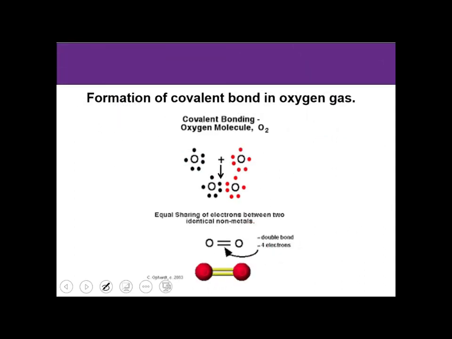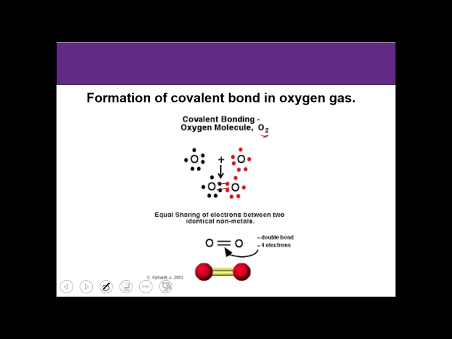Covalent bond, you can have single bond, double bond, or triple bond. Okay, so this is an example if you want to form a double bond. So oxygen, O2, oxygen gas. Each oxygen contains 6 valence electrons. So if they want to obey the octet rule, they will need another 2 electrons. So the 2 electrons are shared. So one pair, one pair.